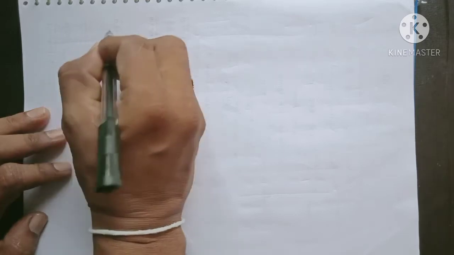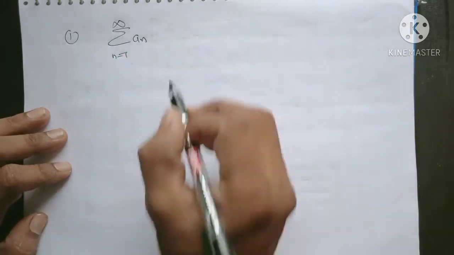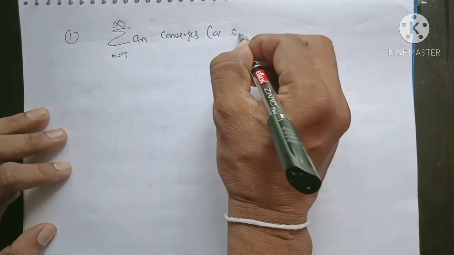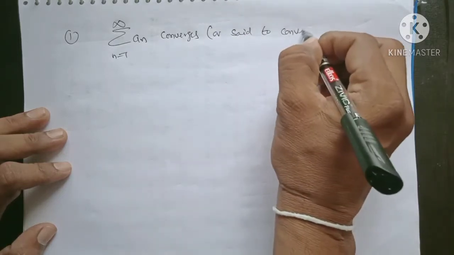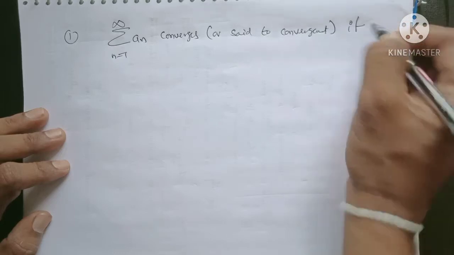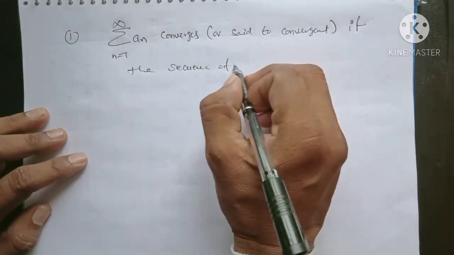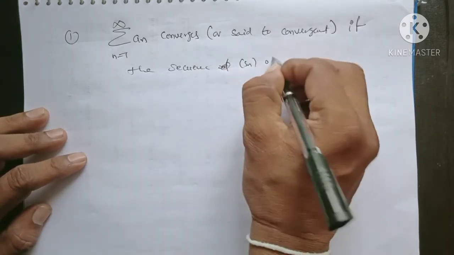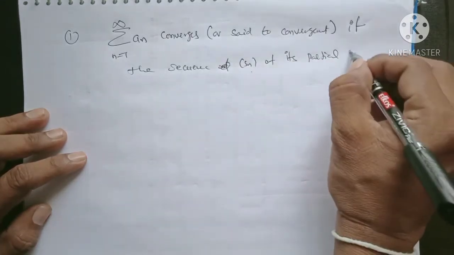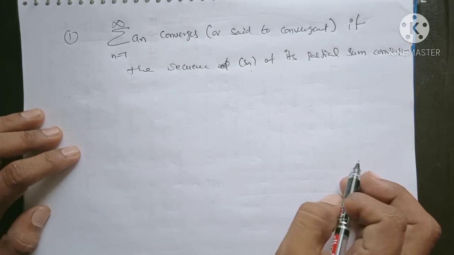So the series number 1: the series sigma n equal to 1 to infinity an is said to be convergent if the sequence Sn of its partial sums is convergent.